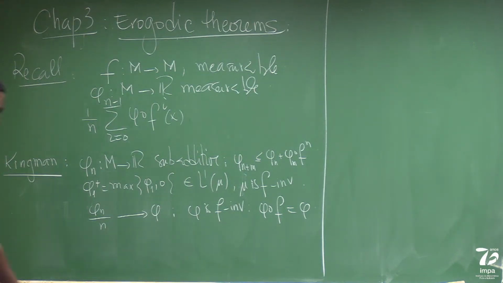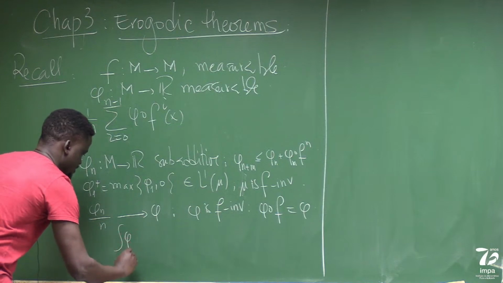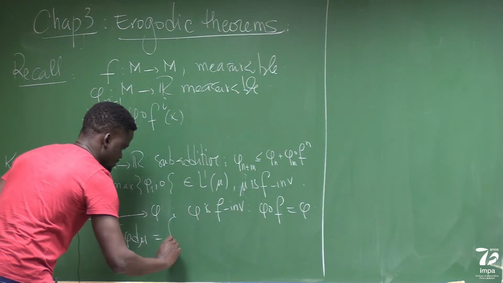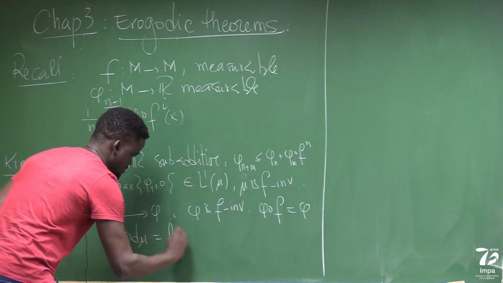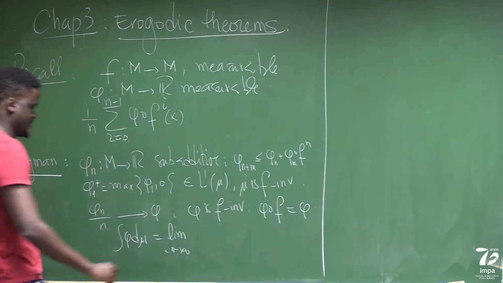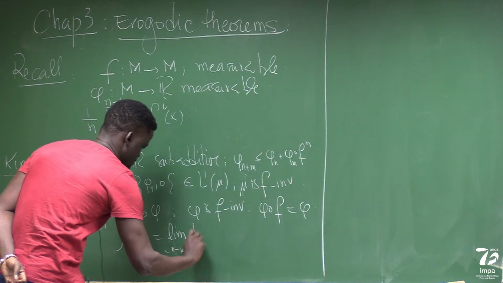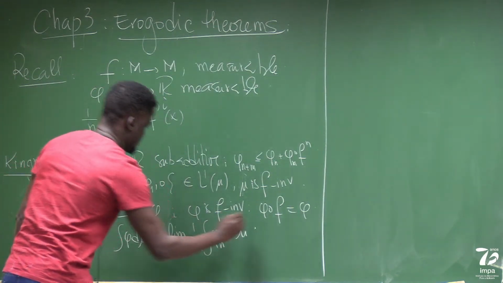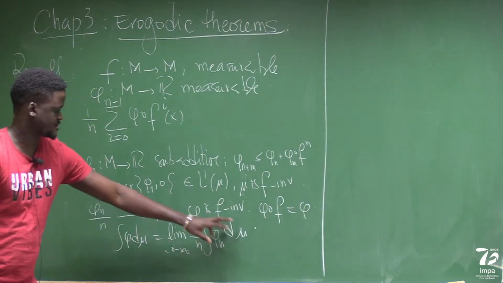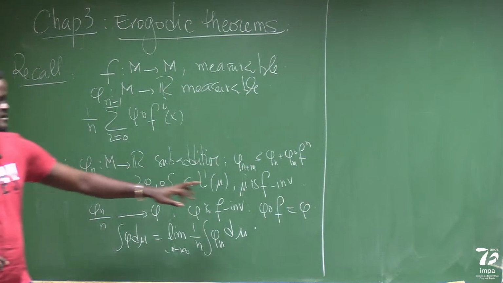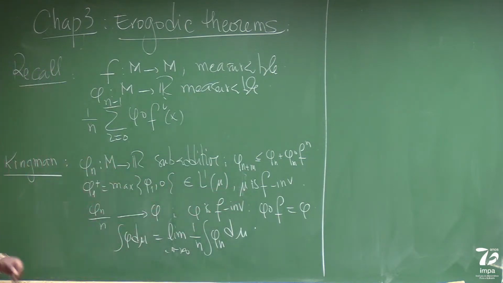And not only that, the integral of phi d mu is the limit, when n goes to infinity, of the integral of phi n over n d mu. Part of the theorem is that this limit exists. So the conditions here are that you have a sub-additive sequence and an invariant measure. Then you have this conclusion.